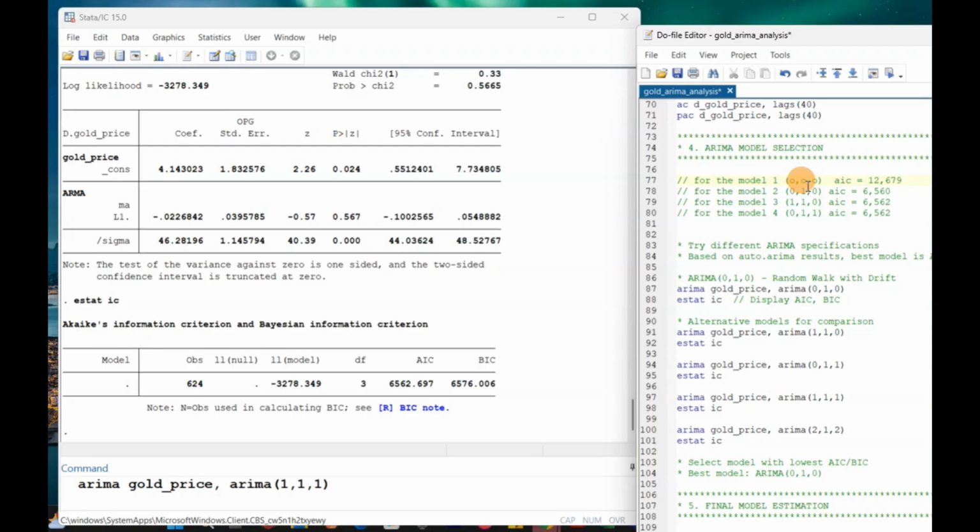And then we can estimate the information criterion. It's 2, 2. This is the sixth model.